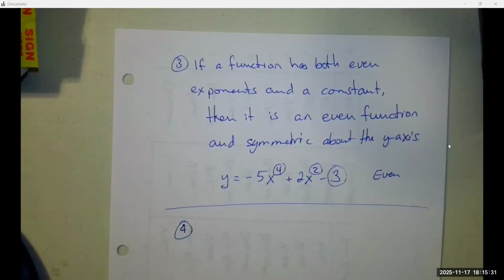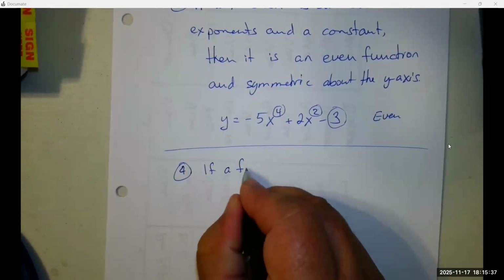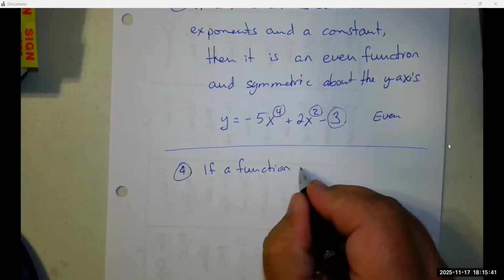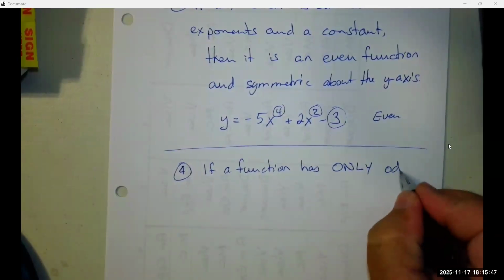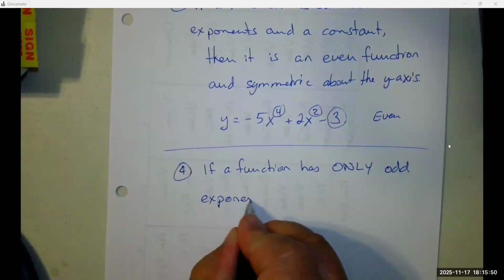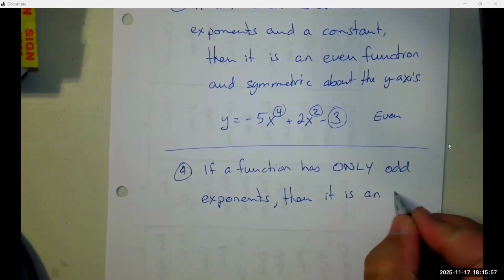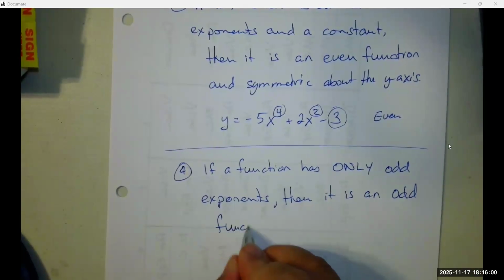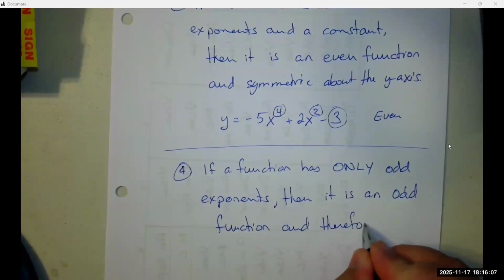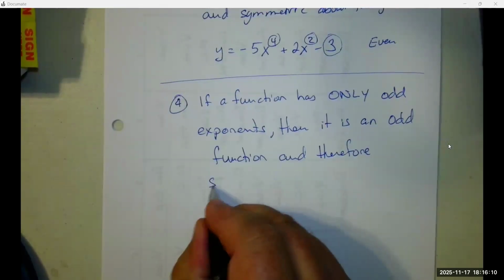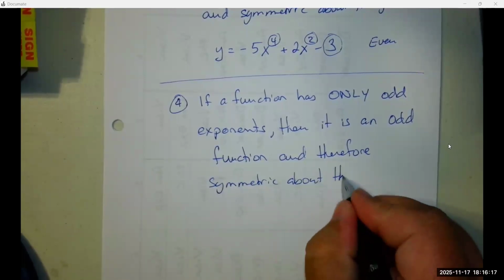So that means the only way you can have an odd function, if a function has only odd exponents, then it is an odd function, and therefore symmetric about the origin.